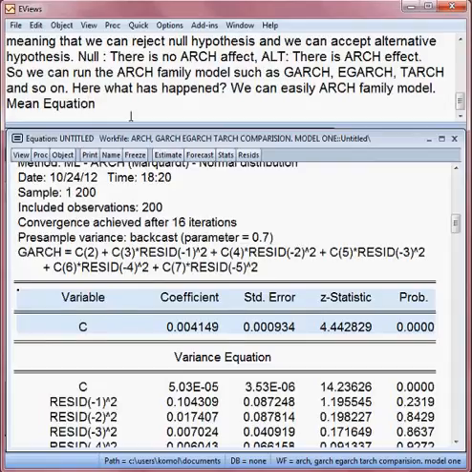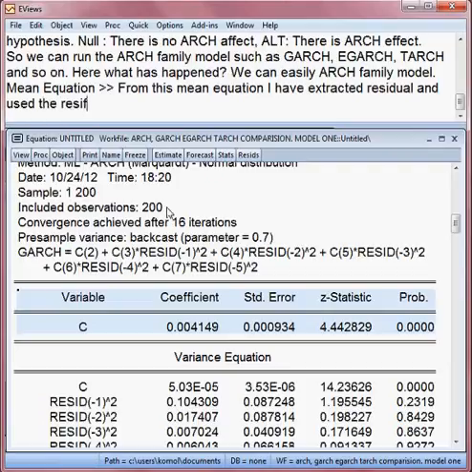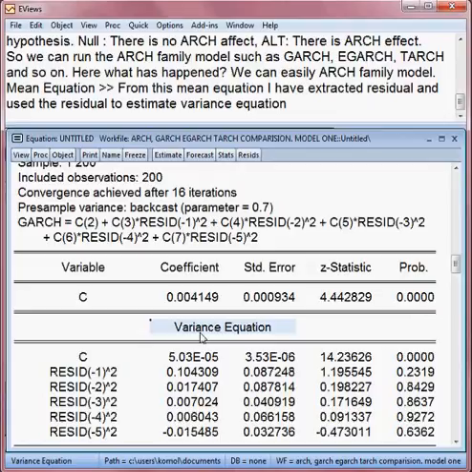And from this mean equation, I have extracted the residual and used the residual to estimate the variance equation, meaning that this whole part, the variance equation, right?